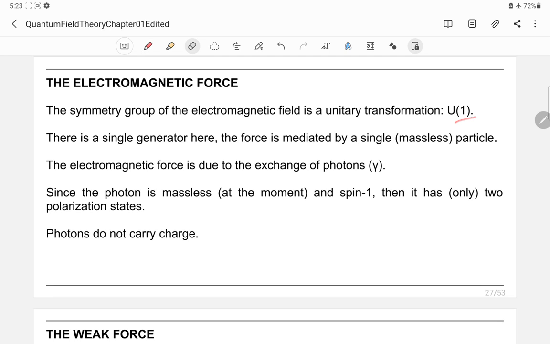If photons would have mass, then this number should fall within the mass range of the photon.